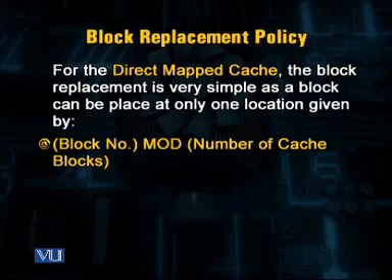So this means that we do not have a very big choice to replace a block in the cache, because any block which has to be placed in the direct map cache must go at one specific location.